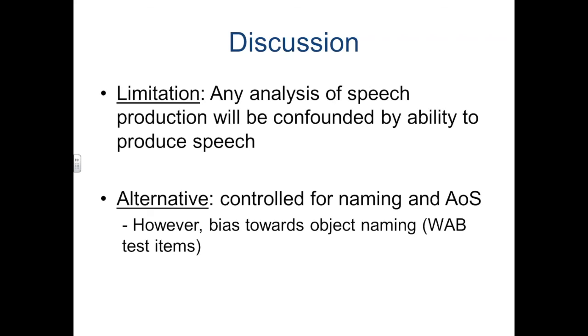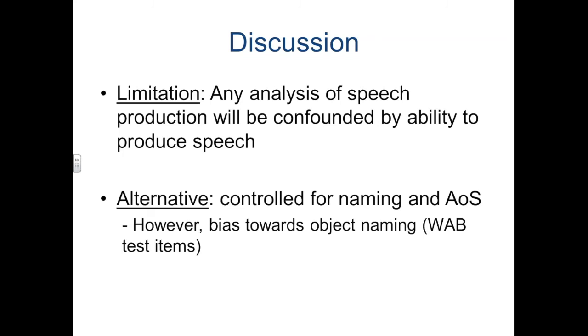And then there's the idea that any analysis of speech is constrained or confounded by naming ability and apraxic speech and other variables, and so it was very important for us to use these control variables, these regressors, to try and get a more pure measure of syntax or structuring during speech production.